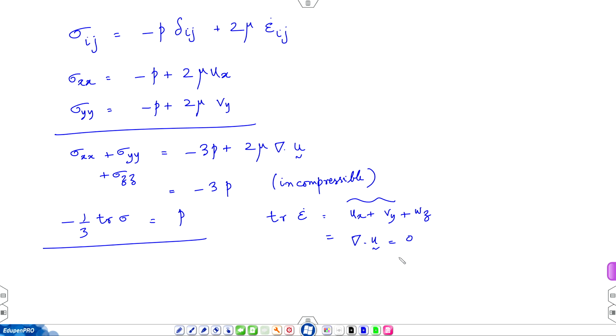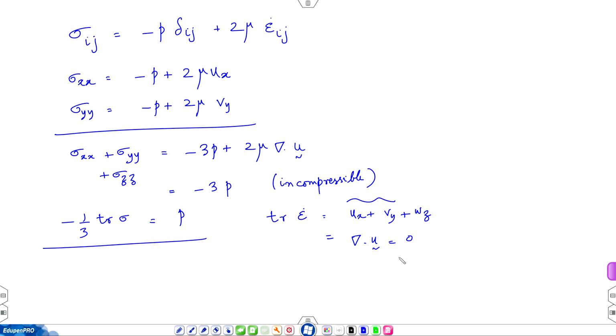So, we are talking about correlation between sigma and epsilon. Why correlation? Because it is a linear relationship. There is a linear relationship between sigma xx and u_x, sigma xy and the strain rate. Taking it a step forward, the trace of sigma is pressure and the trace of epsilon dot is del dot u.